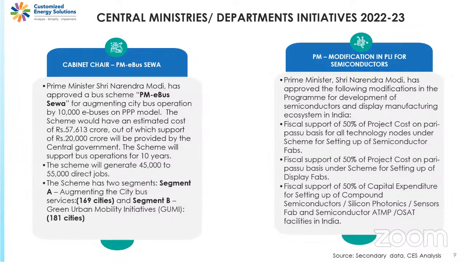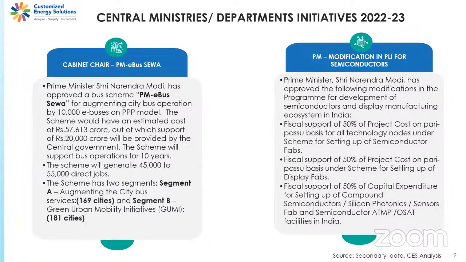This scheme will support the buses for the next 10 years, and will also generate around 45,000 to 55,000 direct jobs. The scheme was divided into 2 parts, intercity and intracity. Intercity buses would cover around 167 cities, and intracity would cover 181 cities. So this was the intent of the scheme.